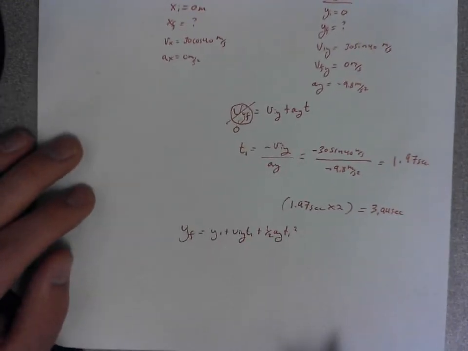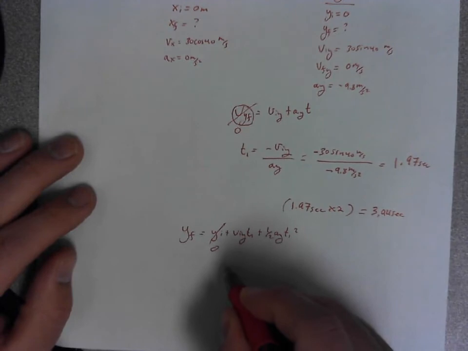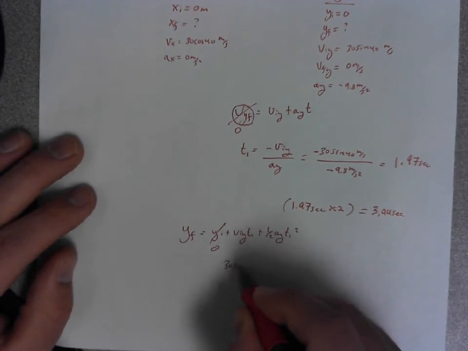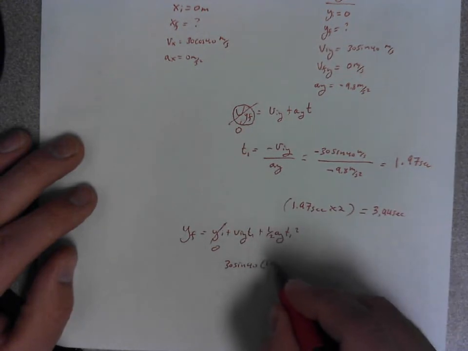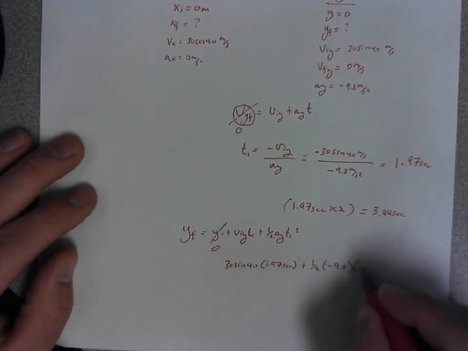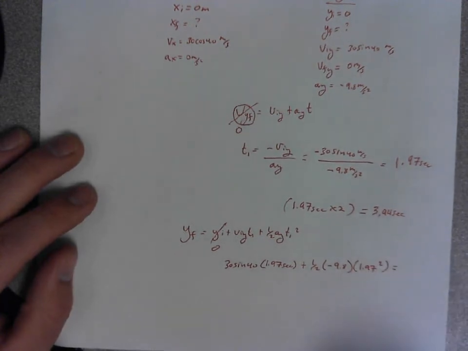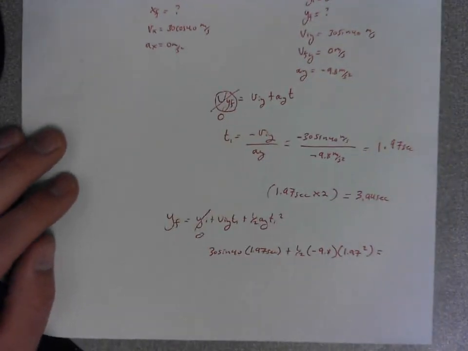My y initial would be 0, my Viy would be that 30 sine 40, and I would plug in my T1 value. It was in the air 1.97 seconds. And then I've got 1/2 times negative 9.8 times 1.97 squared. Then you could just solve that out and get your y final.